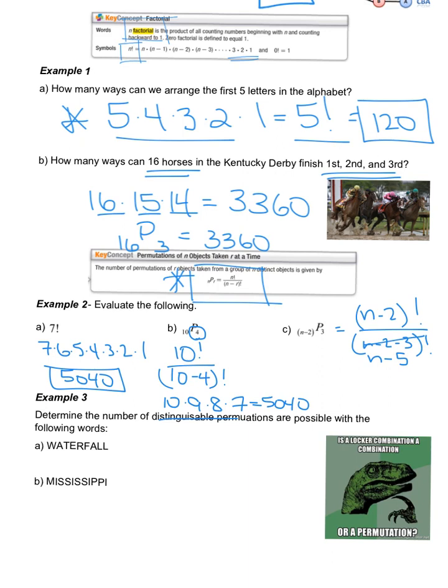So keep in mind, if I use the mentality I had back on this question, n minus 2 is where I started counting, and I care about 3 spots. So I want a number smaller than n minus 2, which is going to be n minus 3. Then I want one more position, which is going to be n minus 4.